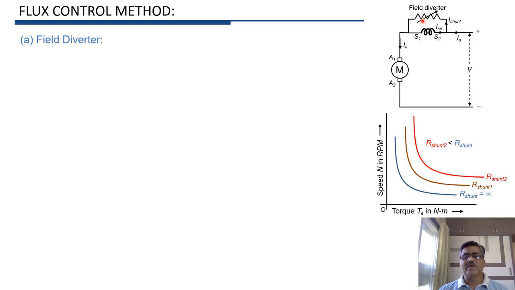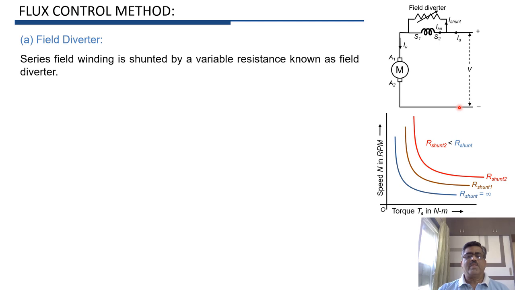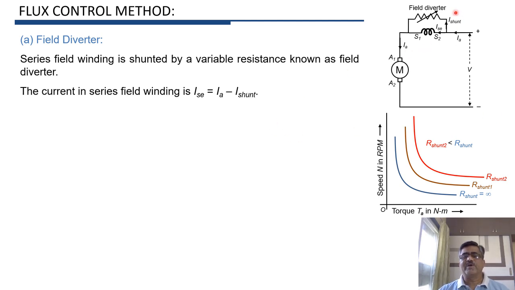So this variable resistance connected in parallel with field winding is called as field diverter. The current in the field diverter can be adjusted by changing the resistance of field diverter. Now here total current IA gets divided into two parts. One is ISE and second is I shunt.